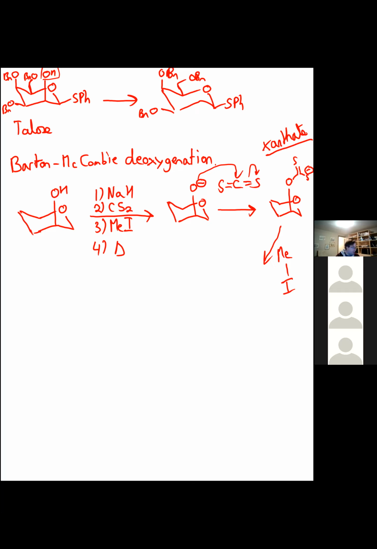Kirsten's the only one who hasn't popped in with a mechanism yet. I think you can get this one. Well, it's an electrophile, right?